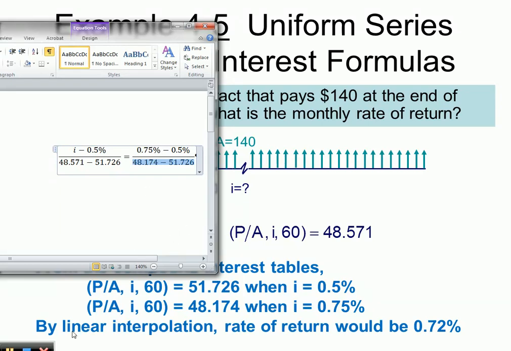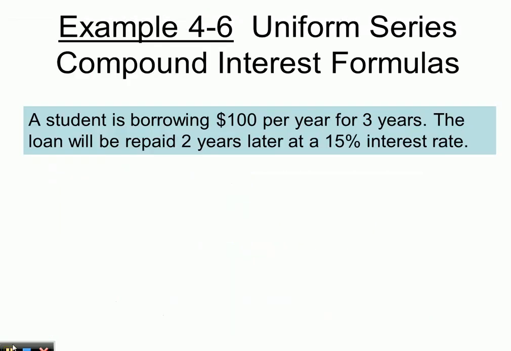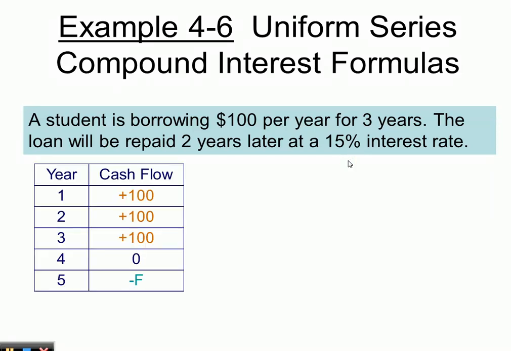Alright, so let's talk about this next example. In this next example, a student is borrowing $100 per year for 3 years. The loan will be repaid 2 years later at a 15% interest rate. So here we have the years, and here we have corresponding cash flows.